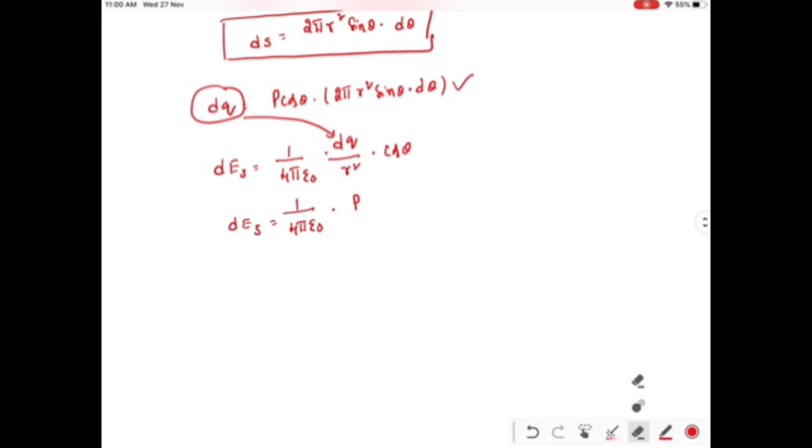You can simplify this one. Already one more cos theta is there, so we will get cos square theta by R square into d theta.